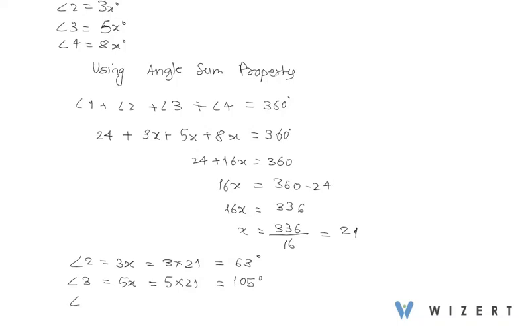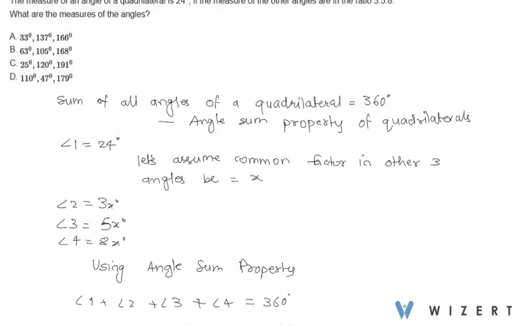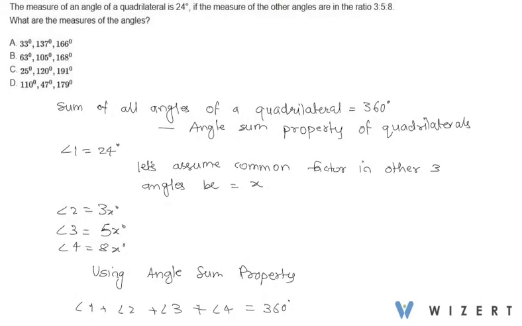And angle 4 is 8x, which is equal to 8 into 21, which is equal to 168 degrees. So let's see what are the options. Yes, answer is option B.